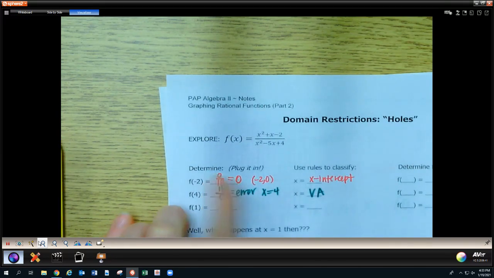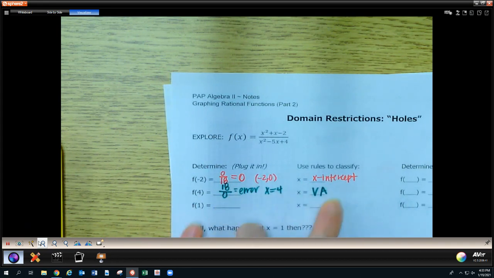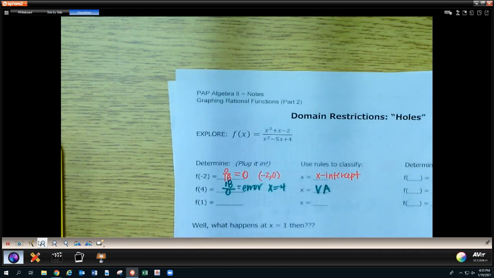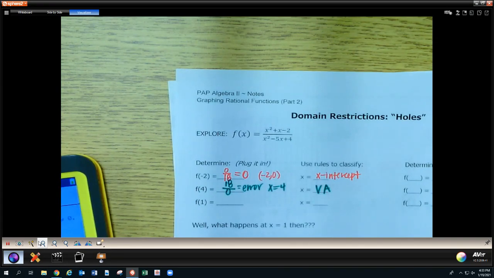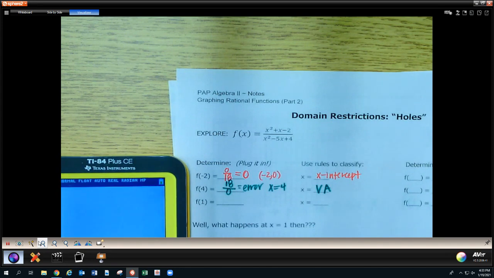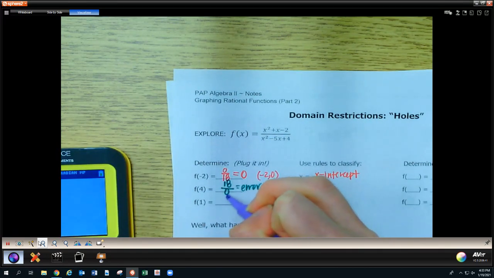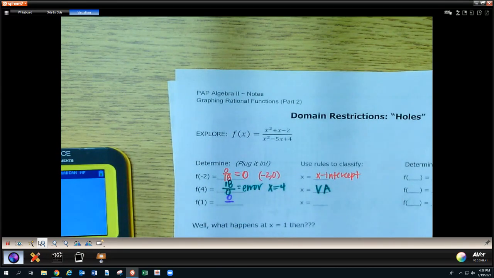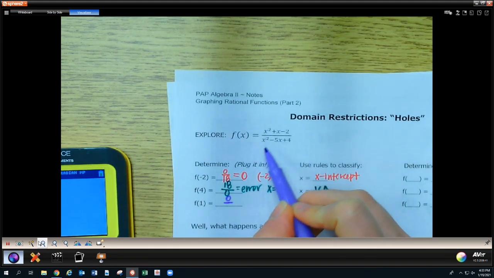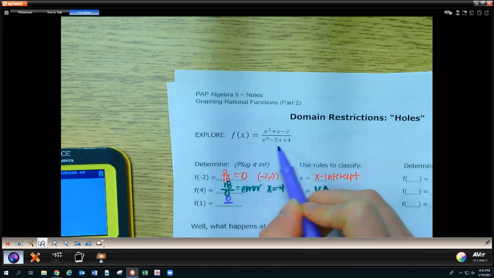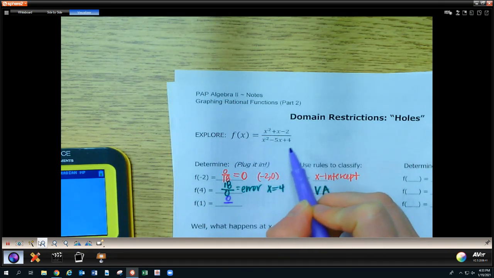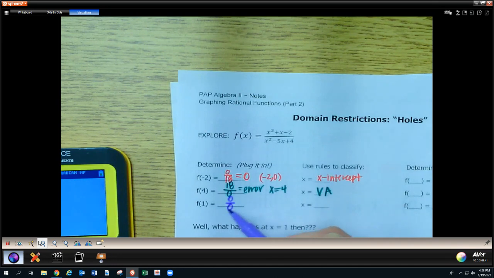So 0 on top, that's our x-intercept. 0 on bottom, that's our vertical asymptote. Now let's plug in 1 and see what happens. 1 squared is 1, plus 1 is 2, minus 2 is 0 on top. On bottom, we get 1 minus 5, which is negative 4, plus 4, which is 0 as well.